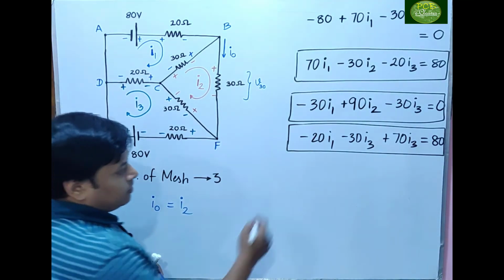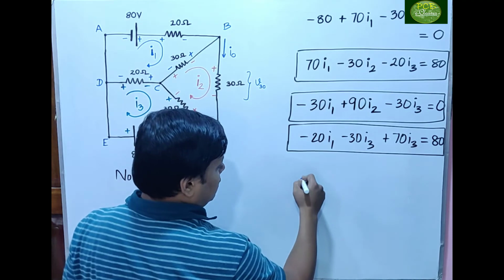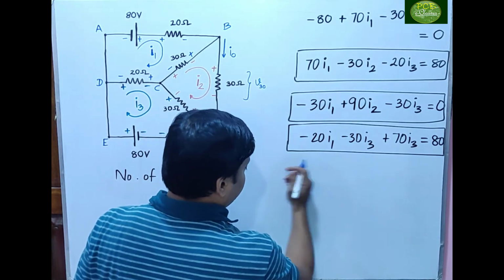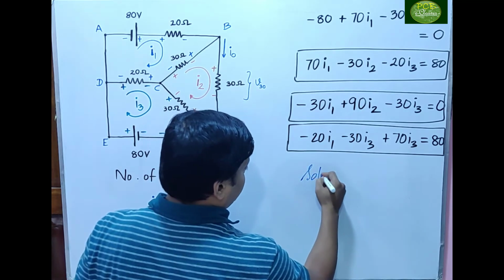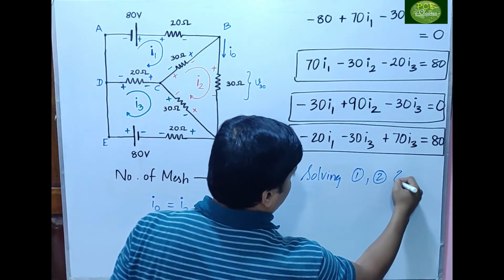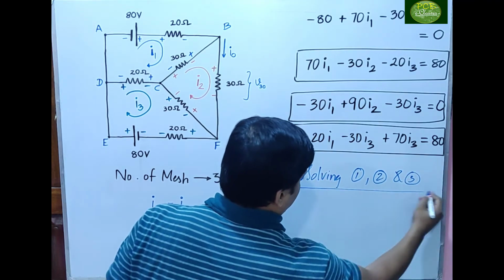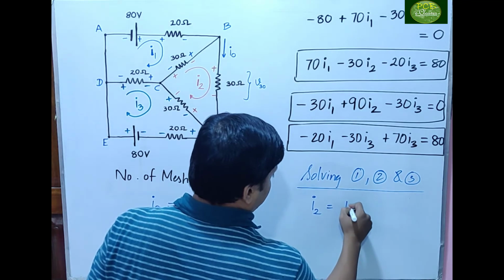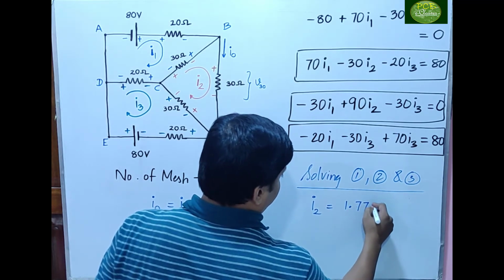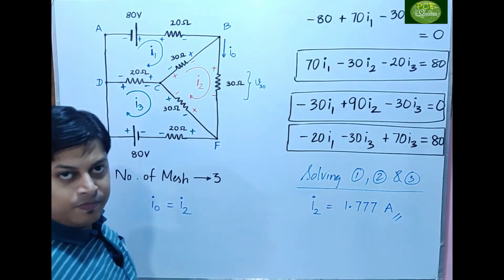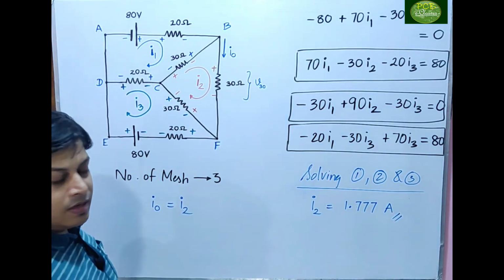So solving these three equations 1, 2 and 3, I2 I'm getting as 1.77 ampere. You can calculate it. Clear?